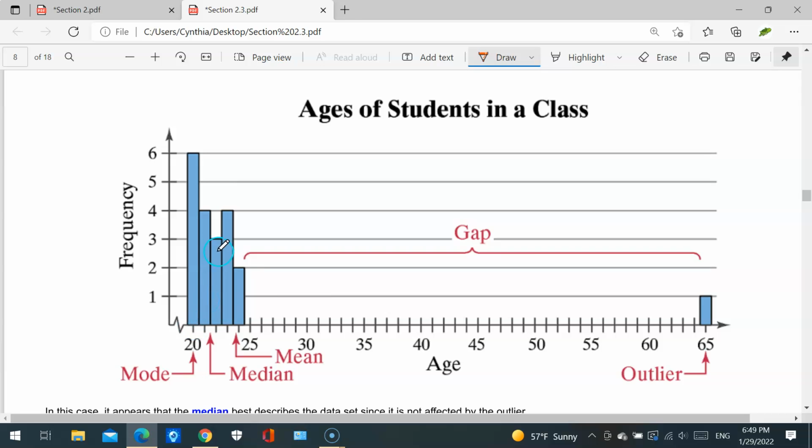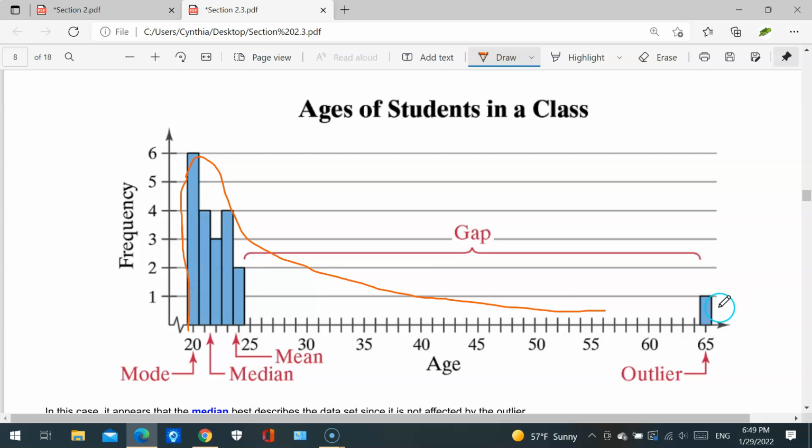The graph is a little bit skewed. Let me erase it. It's skewed to the right, right? The peak is here, and then the tail gets affected by this outlier.